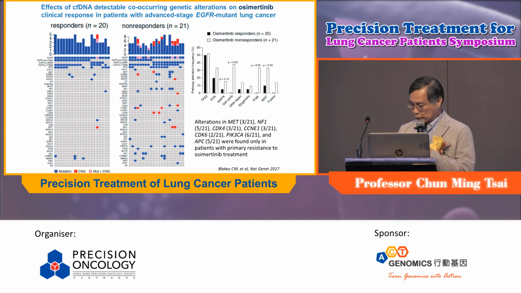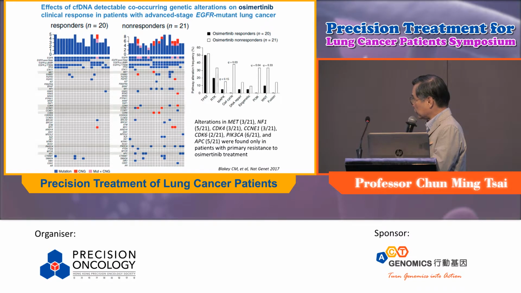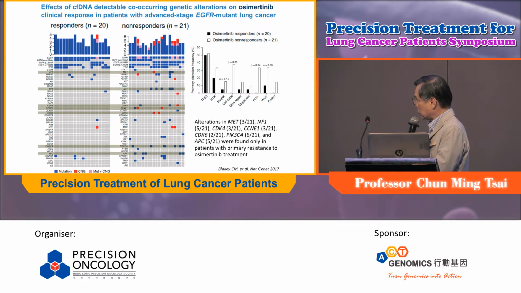And also for the osimertinib treatment, the left column is sensitive cases, and the right column is non-responders. You can see the non-responders have more genetic alterations when compared with the responders. And most of these genes only happened in the non-responders.